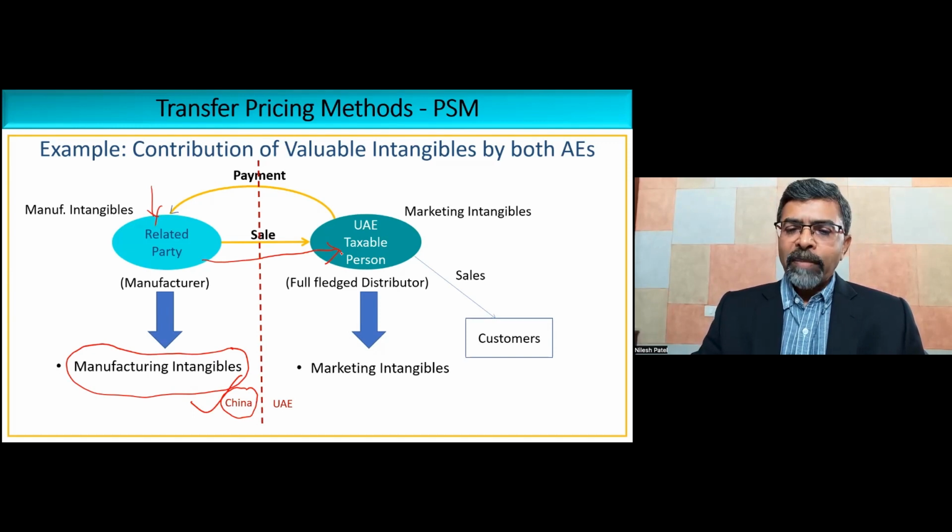And the UAE related party makes use of valuable marketing intangibles like brand name, logo, trademark, etc. Here, both the parties contribute valuable intangibles. So again, profit split method would be an appropriate method.